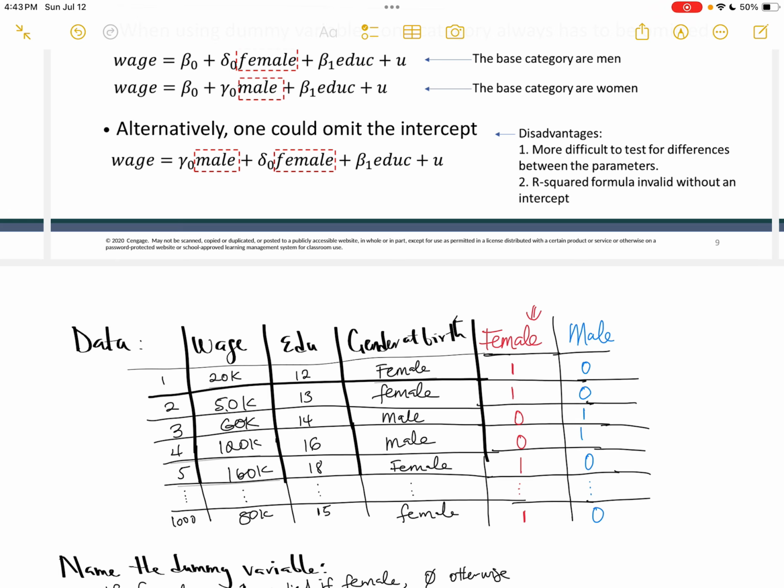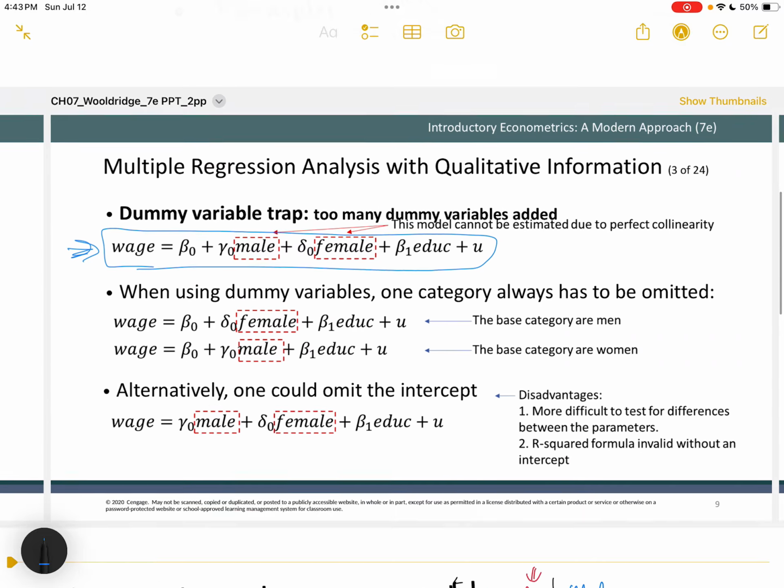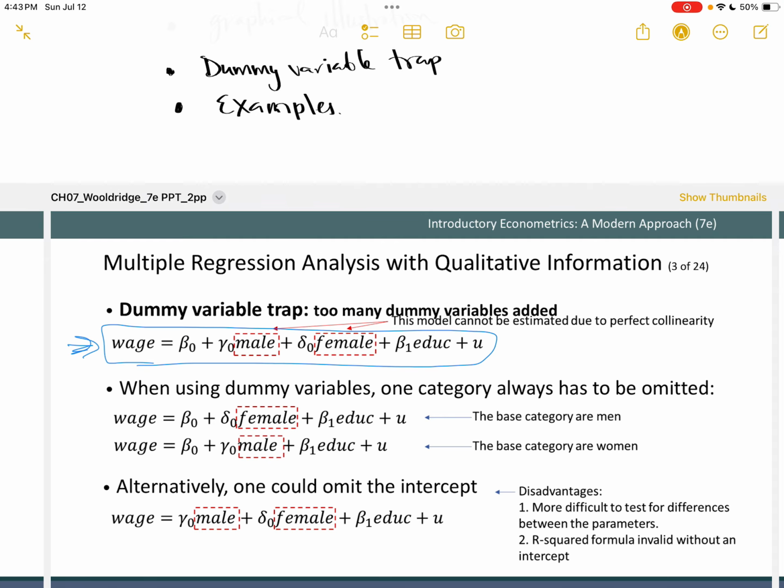If you sum them up, do you see how you'll get 1? The female right here plus the male, right? That's a 1. So if you keep the two of them in there, the model cannot be estimated. Now, cast your mind back to multicollinearity. That's exactly what I'm talking about.